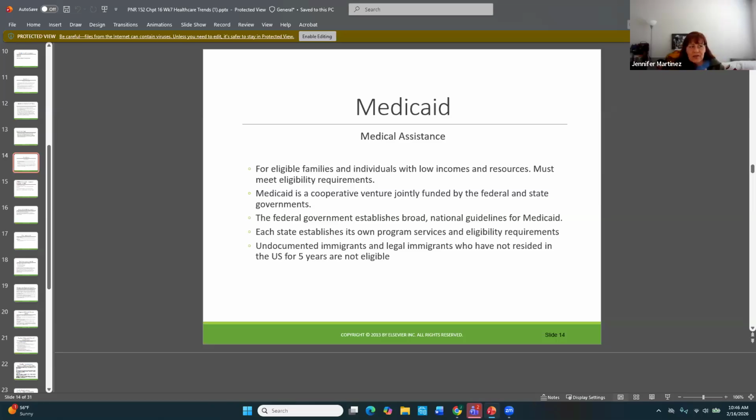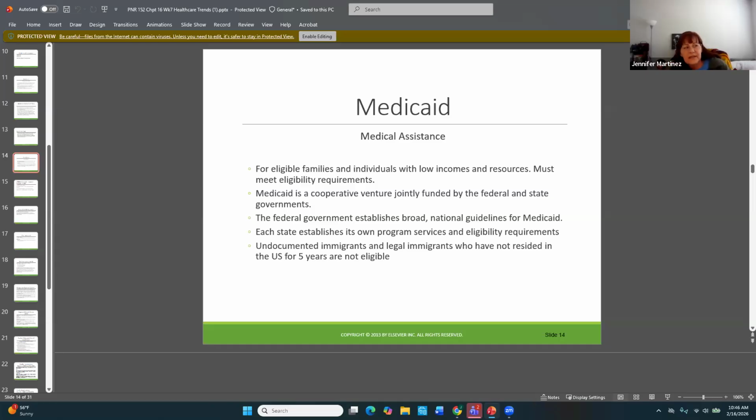So each state will give its own services as well as eligibility requirements. All right. So if you have Medicaid in Virginia, and you move to Pennsylvania, okay, each state determines its own eligibility. So if you are eligible in one state, it does not necessarily mean that you're going to be eligible for Medicaid in another state.